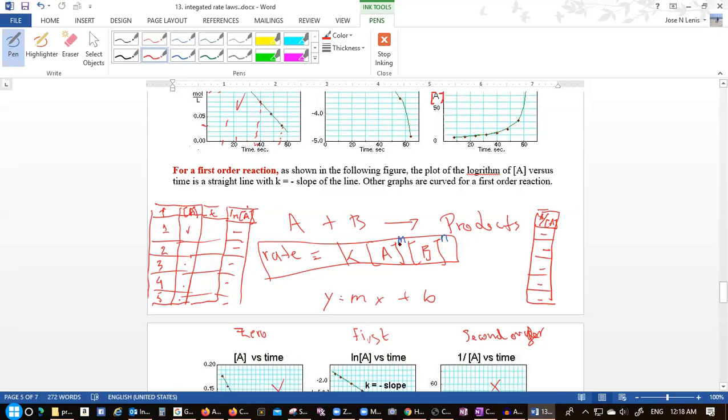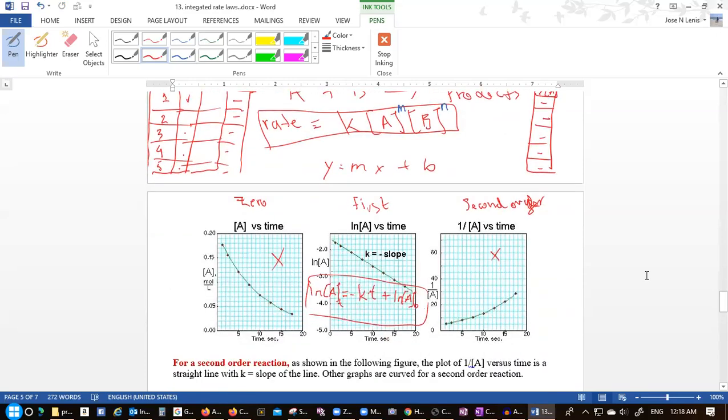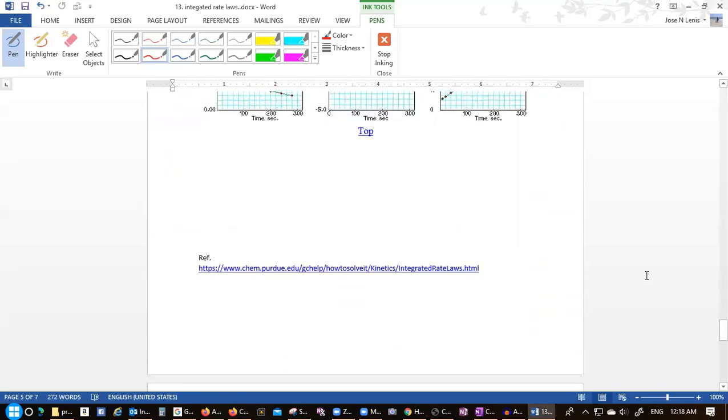This can be 1 and this can be 0 or 2 or 3. This can be 2, second order, and this can be 0 or 1 or 2. So you can have several possibilities there. So that's how we analyze the graphs to find the integrated rate laws.